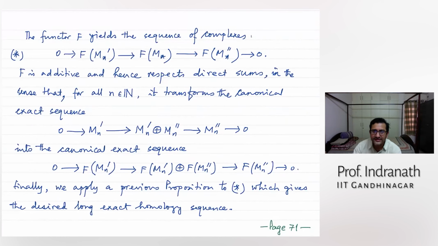So can we say it yields an exact sequence of complexes? Now here you see, it transforms the canonical exact sequences into canonical exact sequences like that. So my question is, having this map is not a problem. Do I have an exact sequence of complexes?